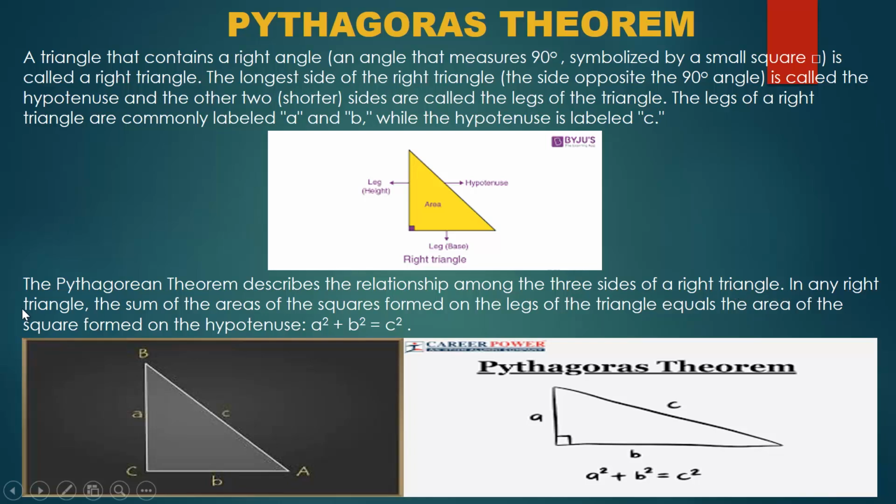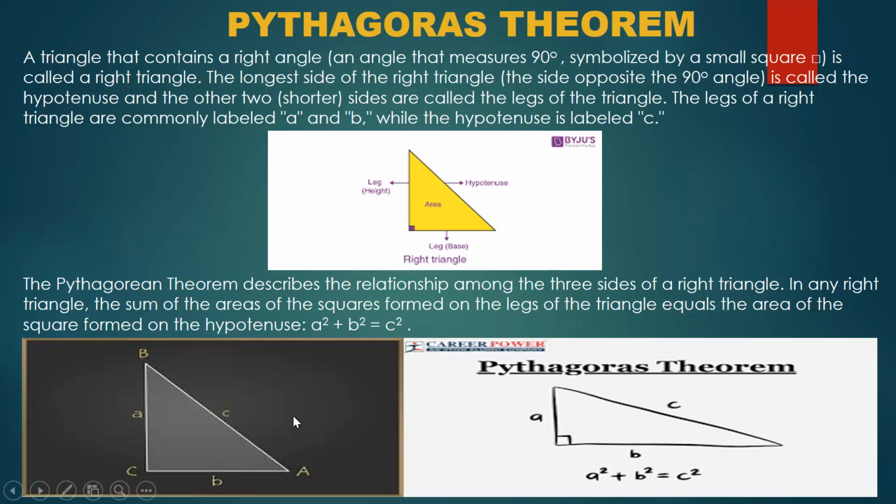In any right triangle, the sum of the areas of the squares formed on the legs of the triangle equals the area of the square formed on the hypotenuse, such as a square plus b square is equal to c square.